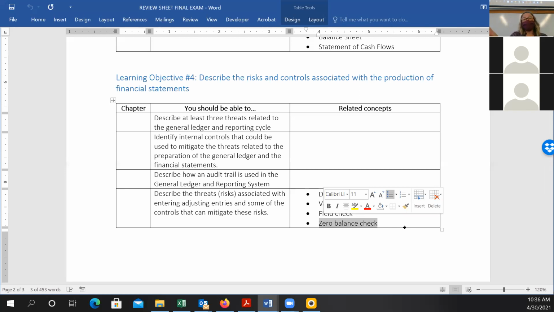So a zero balance check, for example, on some of the purchasing transactions in QuickBooks, where you had to enter sales tax, you'll get an error from QuickBooks that says, hey, the debits don't equal the credits. They should have a zero balance. They should net each other out. That's what's called a zero balance check.